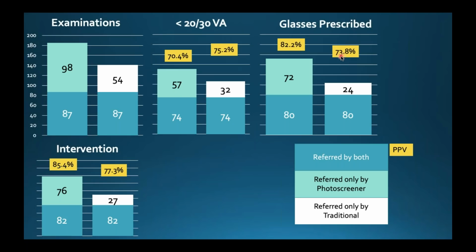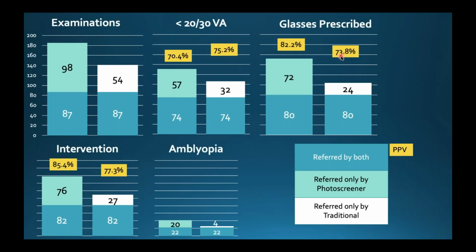When we look for any type of intervention, intervention here is defined as needing glasses or being referred for a more complete eye examination that we couldn't perform in the school. Both percentages went up about the same. We also looked at children who were diagnosed with amblyopia.